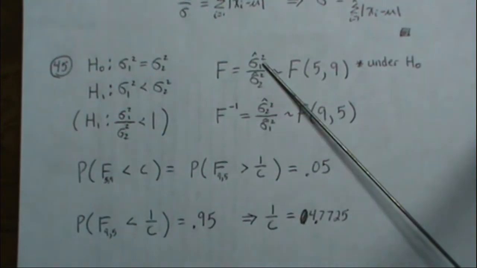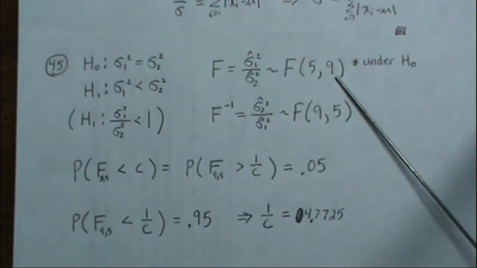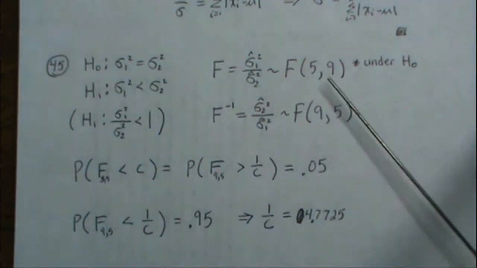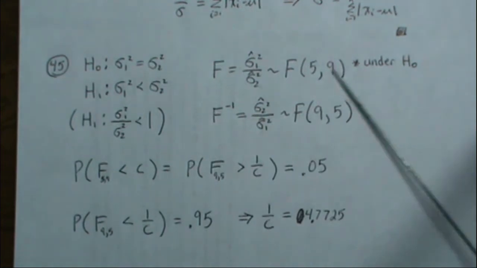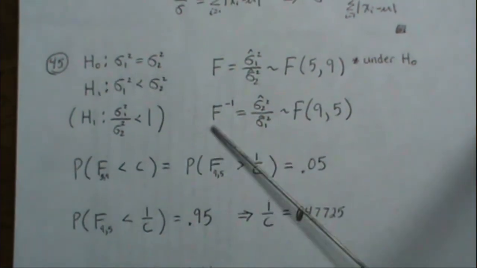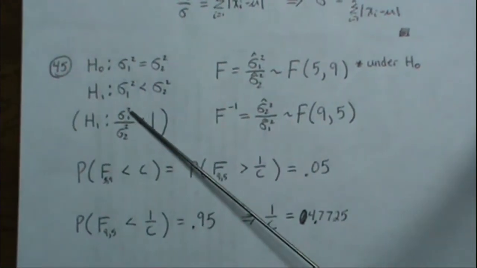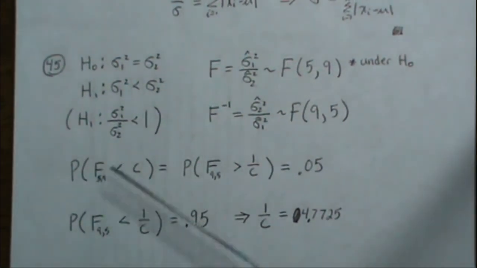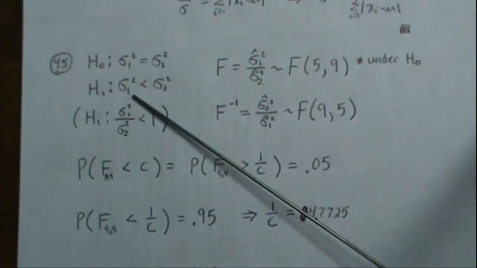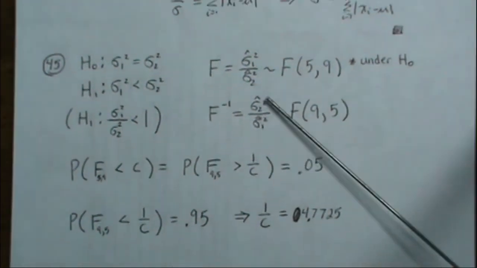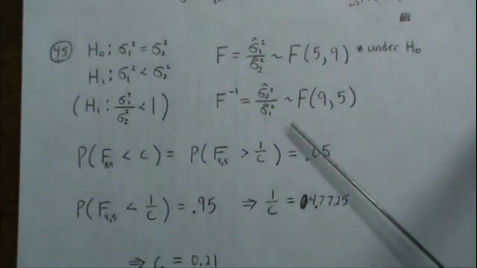So it says use this as our test statistic, which is distributed F59 with numerator degrees of freedom 5, denominator degrees of freedom 9. Remember, this is under the null, which makes that a left-tailed test, because this one is smaller than that. So there are small values, but if we take the reciprocal, it's still an F, but with 9 numerator and 5 denominator degrees of freedom.